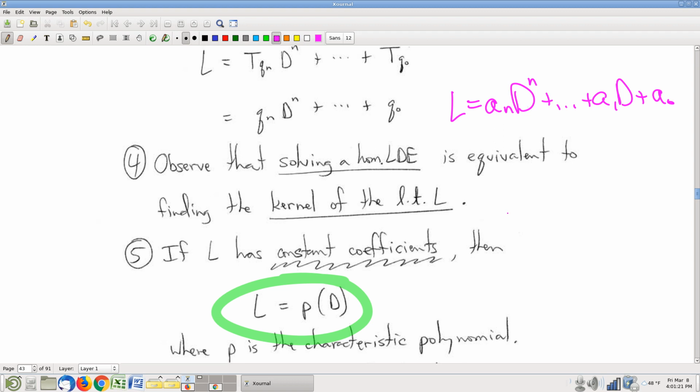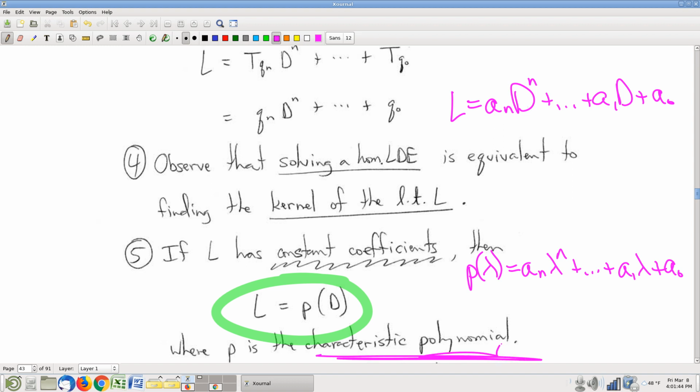P of lambda, remember, the way you write down P of lambda: A-N lambda to the N, plus ... plus A1 lambda plus A0. That's what your characteristic polynomial is.